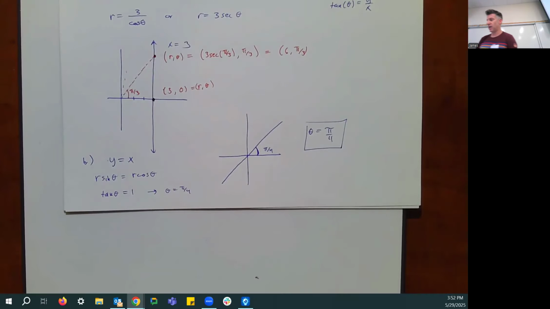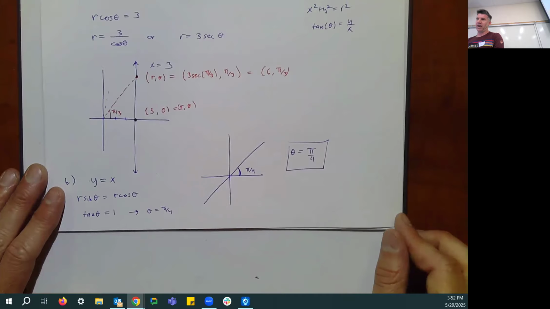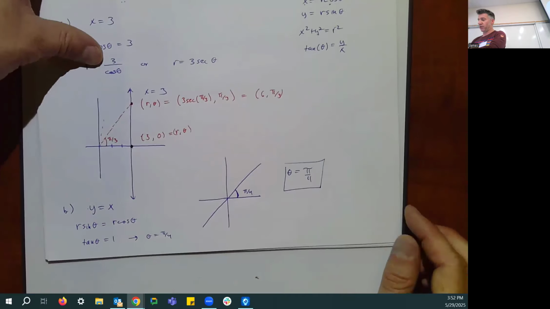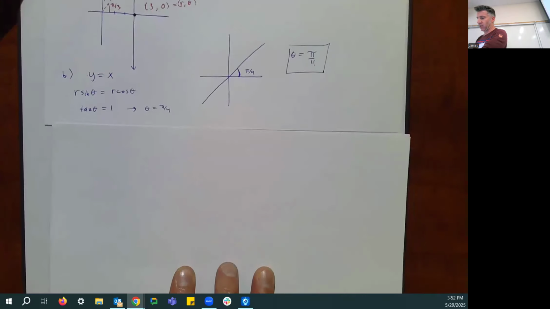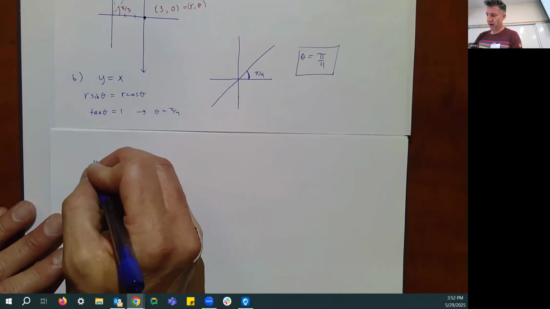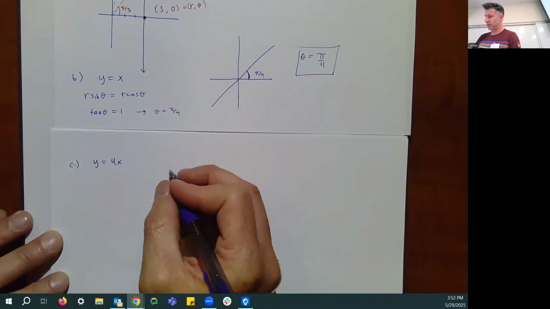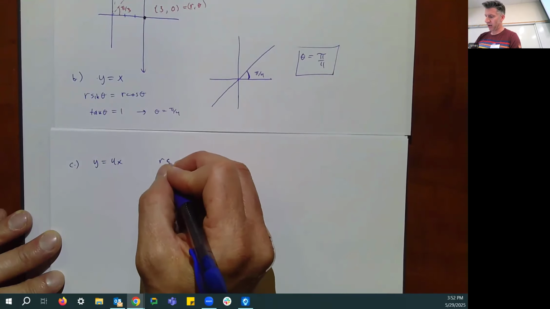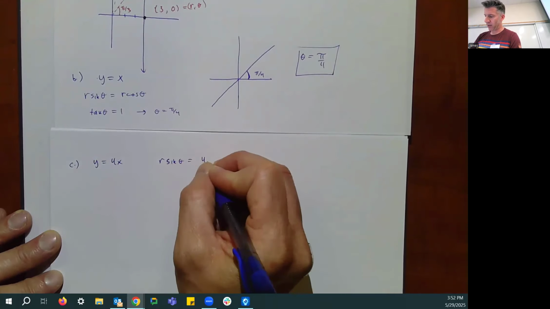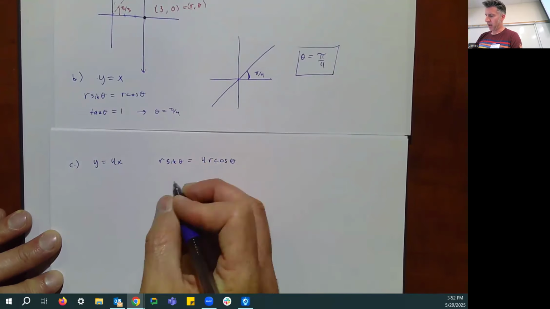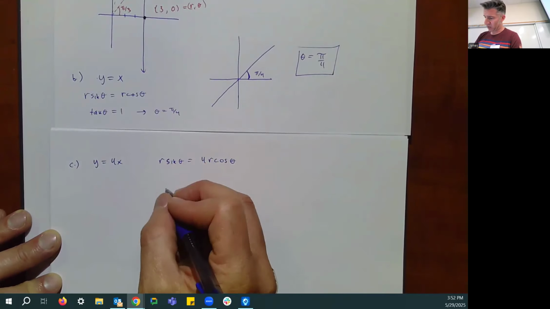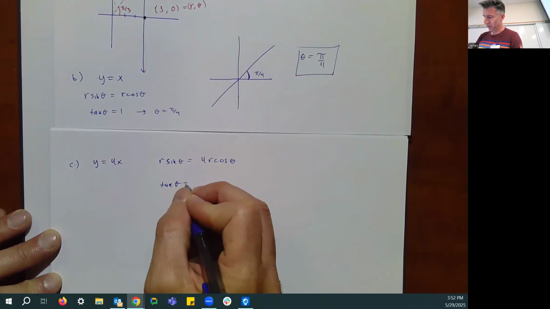Now, if your line is less nice, your angle is less pretty. For example, if your line was something like y equal to 4x, well, then things are not great, because now your r sine theta is equal to 4 times your r cosine theta. Dividing both sides by r cosine theta gives you tangent theta equal to 4.